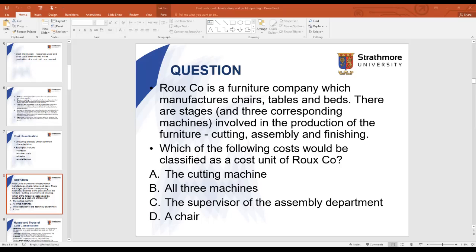You're maybe not involved in making the chairs, but you have a cutting machine, an assembly machine, and a finishing machine. Customers, maybe other manufacturers, come with timber and you cut for them, assemble for them, and finish for them, so you charge them for cutting, assembly, and finishing. That is possible.